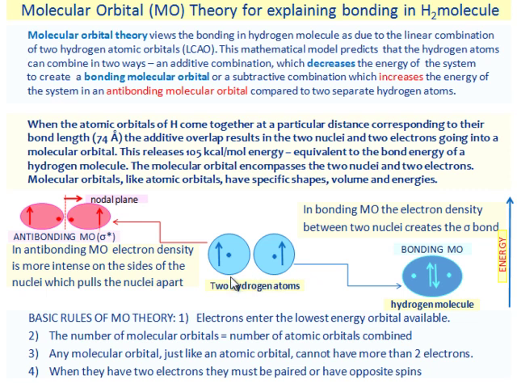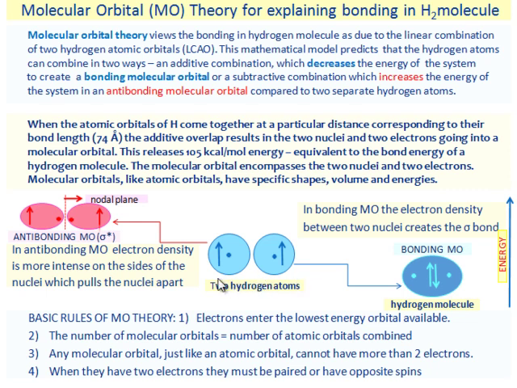This mathematical model predicts that the hydrogen atoms can combine in two ways: an additive combination, which decreases the energy of the system to create a bonding molecular orbital, or a subtractive combination, which increases the energy of the system in an antibonding molecular orbital as compared to two separate hydrogen atoms.